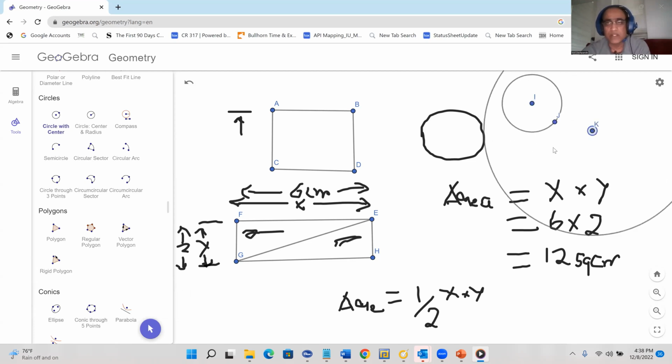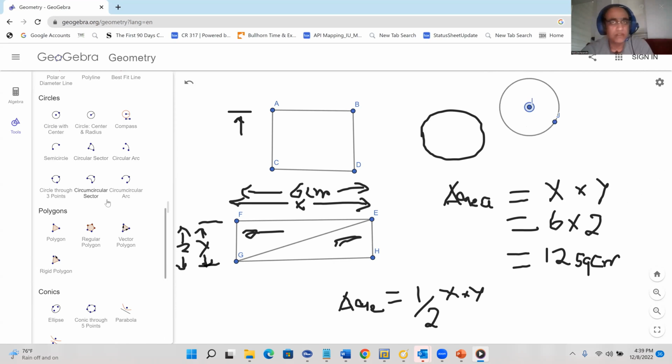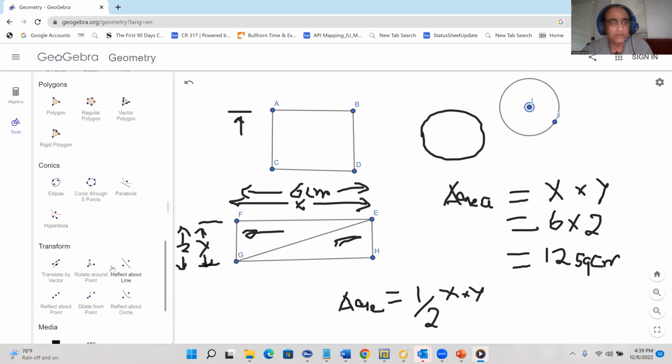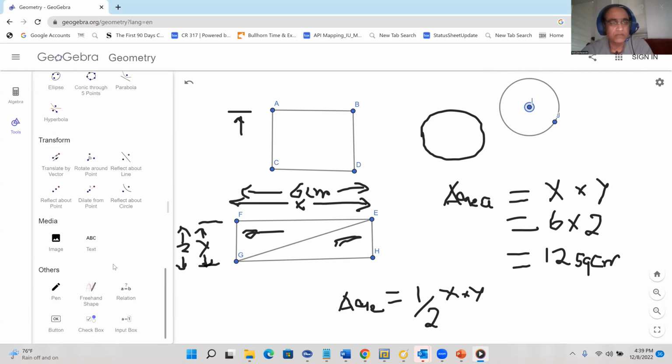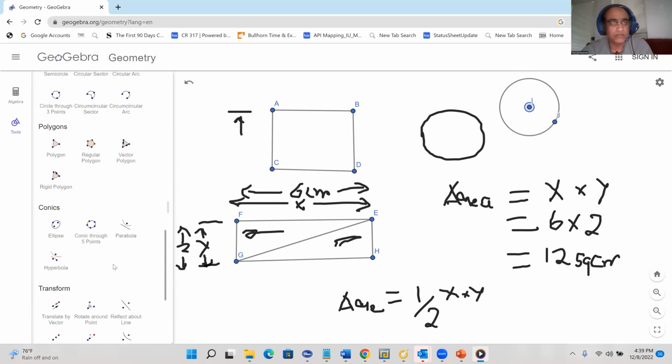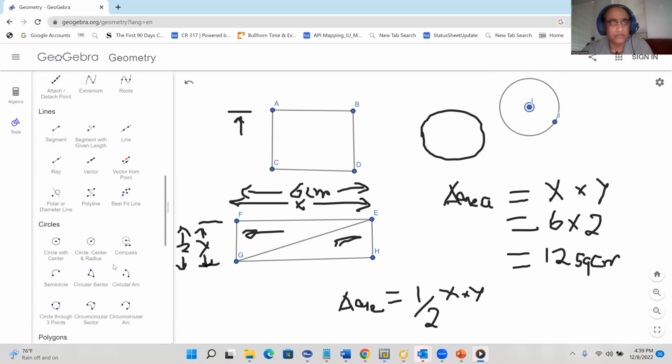Now, if I take a circle, okay, these are the points which I can join. Let's take a segment now here. So segment can join from here to here, right? I joined it.